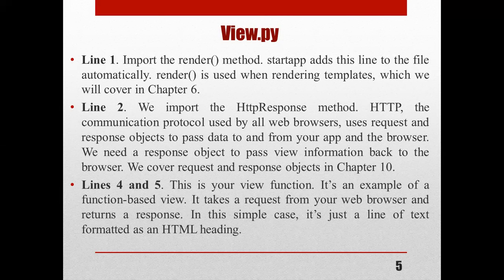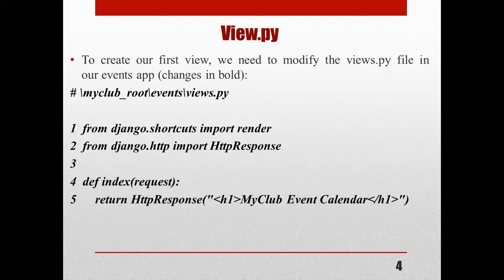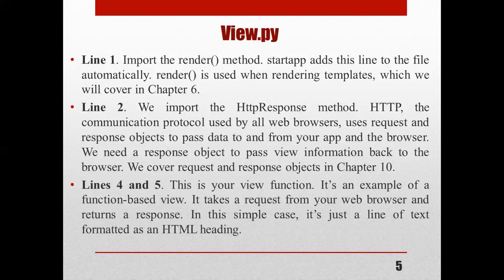The second line, from django.http import HttpResponse, imports the HttpResponse method. HTTP, the communication protocol used by all web browsers, uses request and response objects to pass the data to and from your app. Your app means our code and the browser. So we need a response object to pass view information back to the browser.